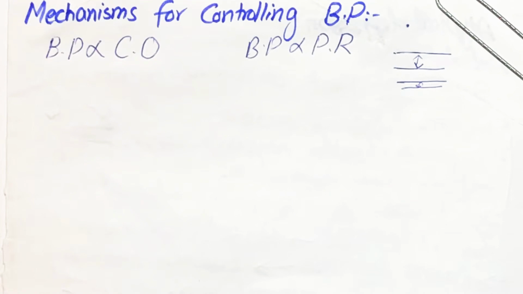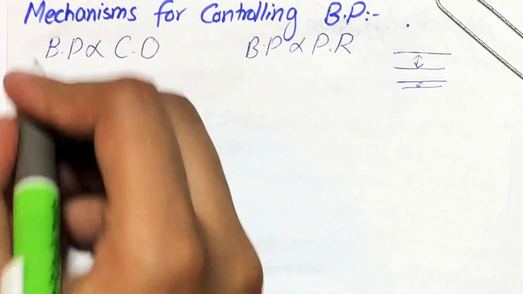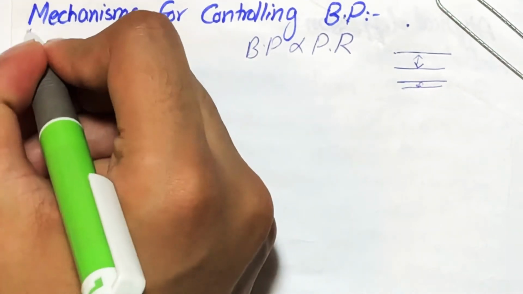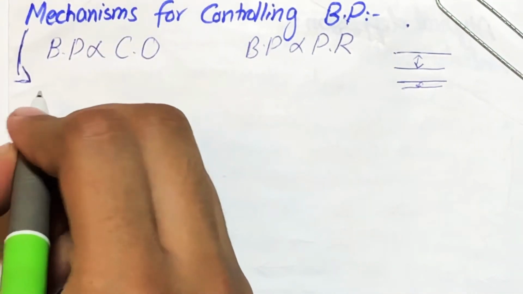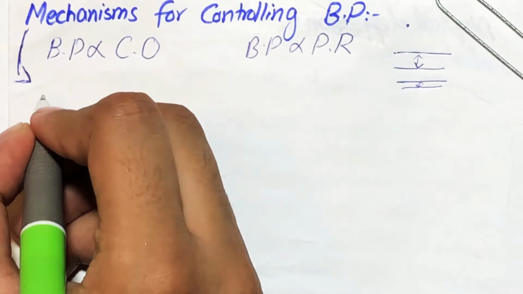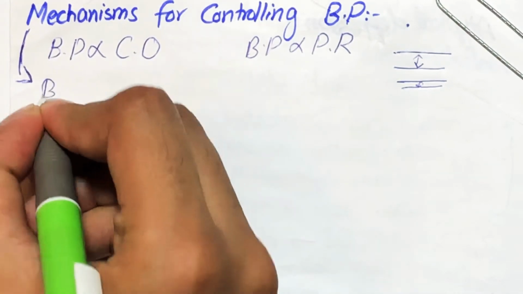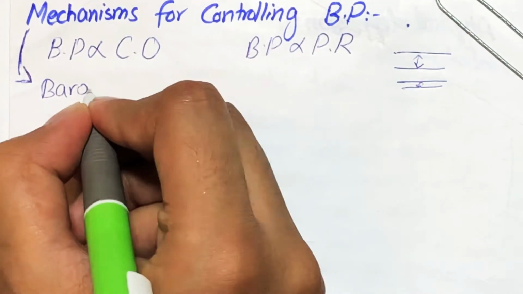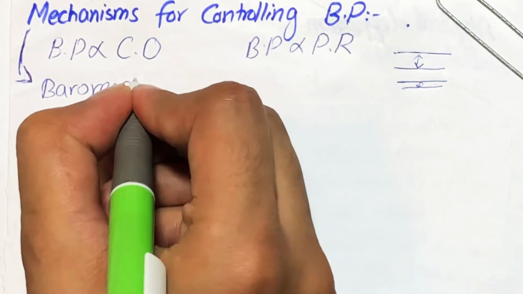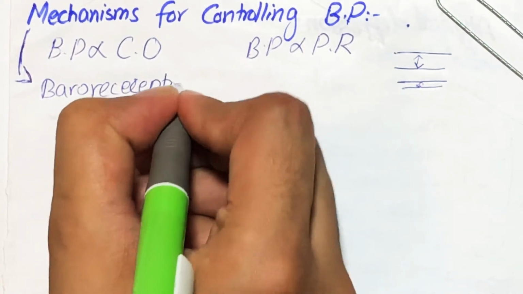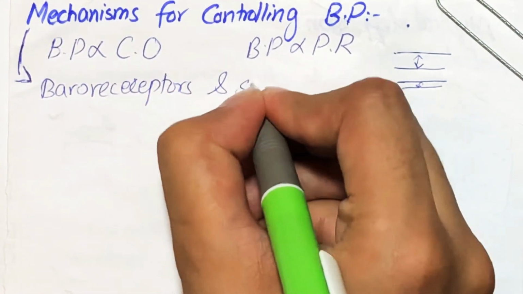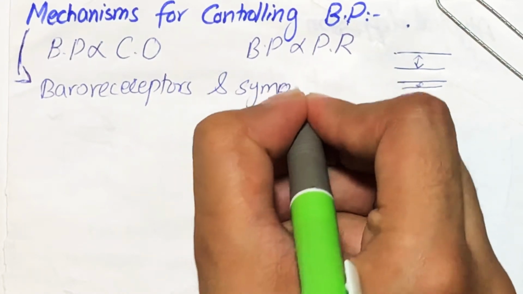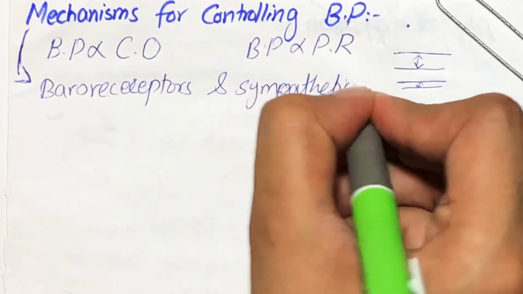So cardiac output and peripheral resistance are controlled mainly by two overlapping control mechanisms. And what are those mechanisms? We are going to be talking about them in this video. The first mechanism for controlling blood pressure is baroreceptors and the sympathetic nervous system.